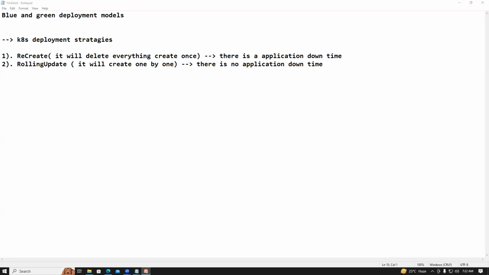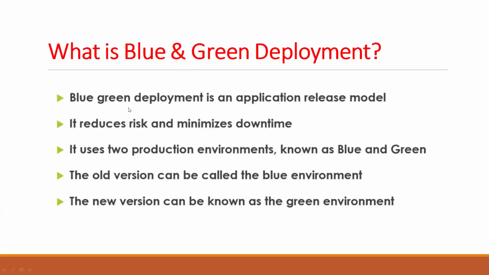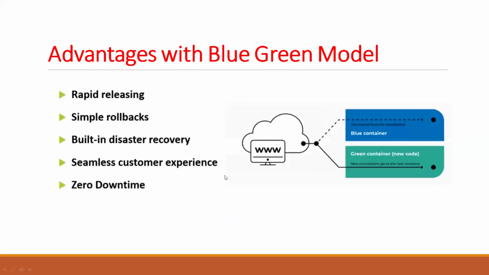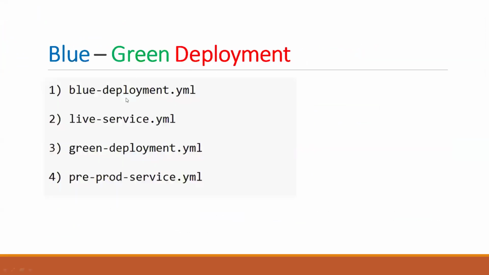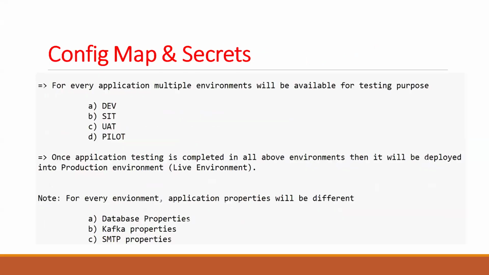Last time we discussed config maps, deployment strategies, rolling update, green and blue. So what is a blue and green deployment model? We already discussed it, right? There are two environments. The deployment procedure also we discussed.